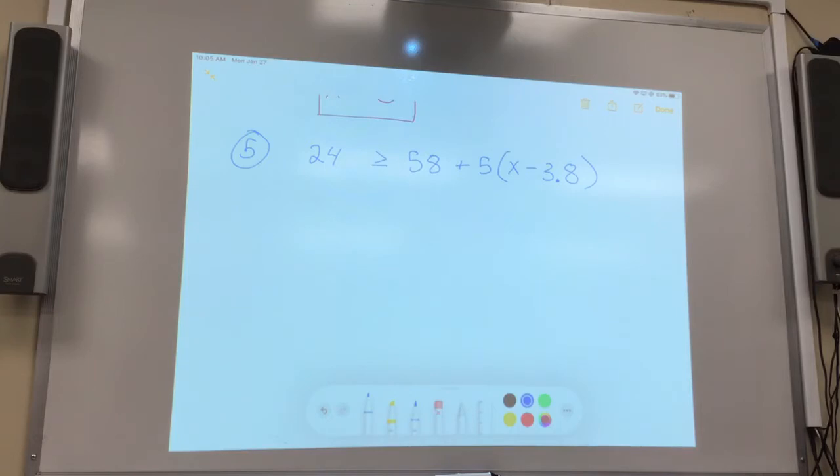What is always the first thing to look at? Distributive property. So everybody should be starting with the distributive property. Because order of operations says multiplication comes before addition, so you've got to multiply it first.